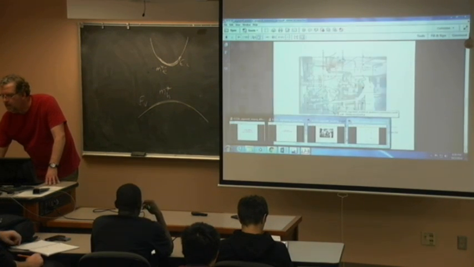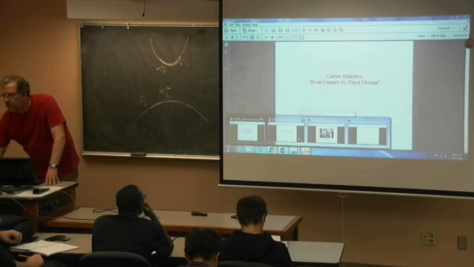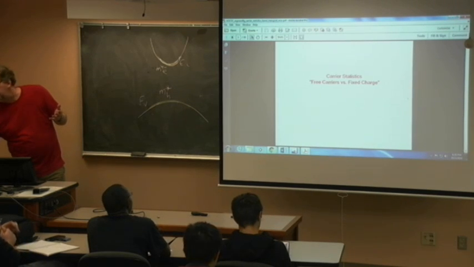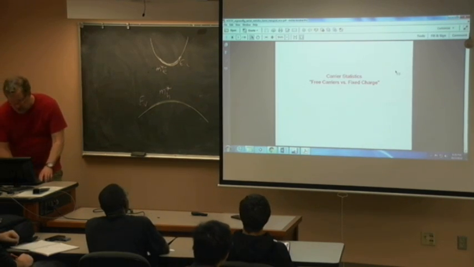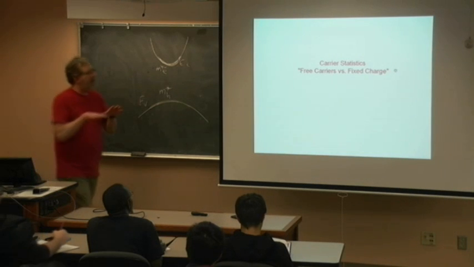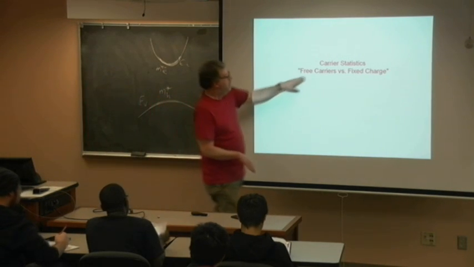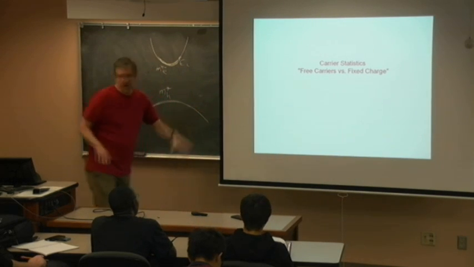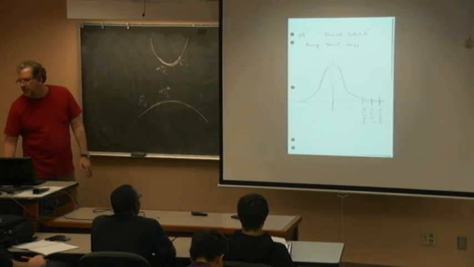Carrier statistics. Okay, so now I have introduced the charge. We're getting into the final, believe it or not. So once I have those carriers in the system, I have cars that can move around, and I have charge that doesn't.